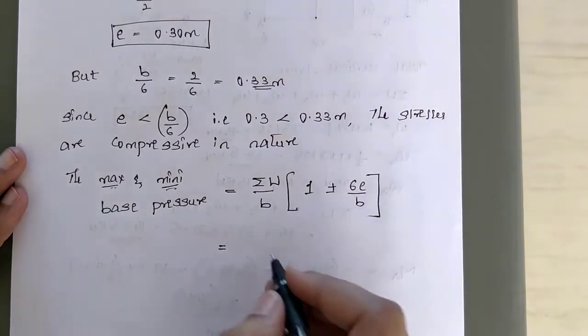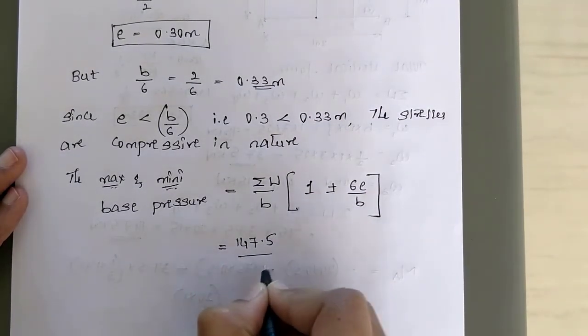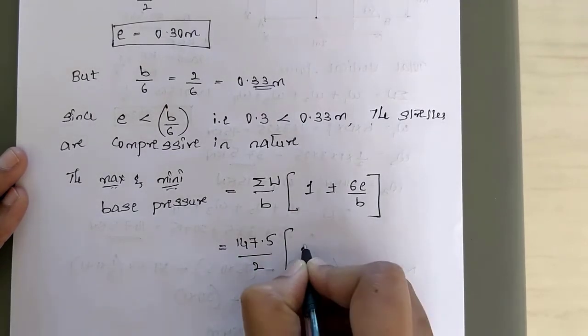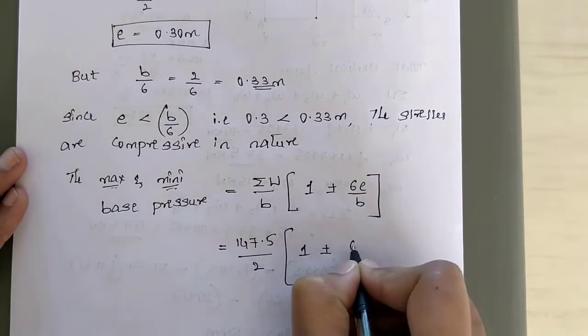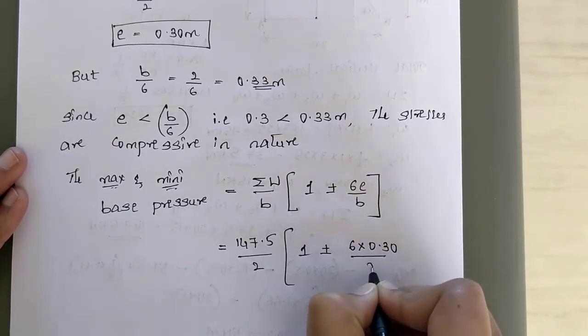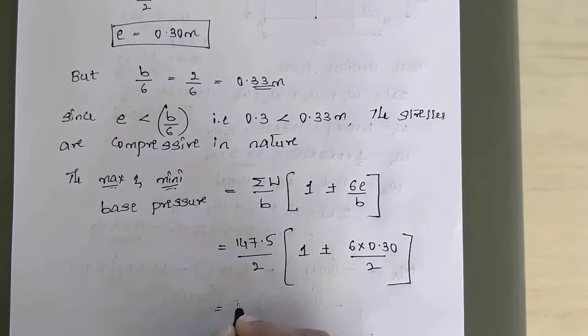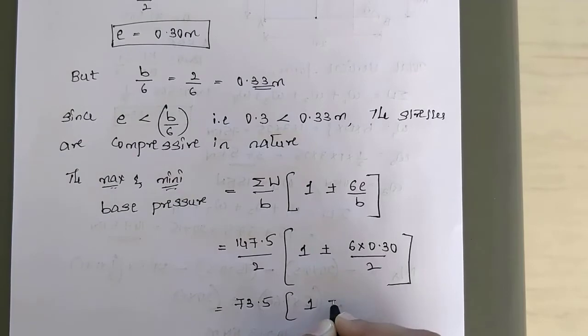Summation W is 147.5 divided by B value, which is 2, into 1 plus or minus 6 into e value, 0.30, divided by B value, which is 2. You will get 73.5 into 1 plus or minus 0.93.